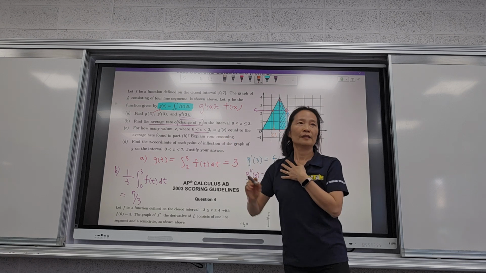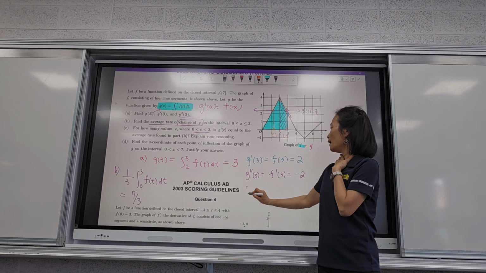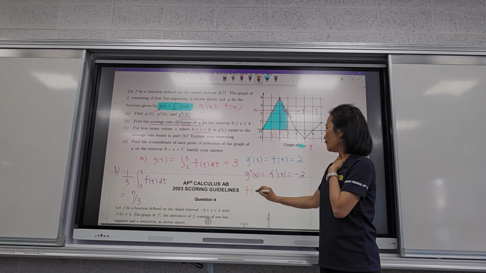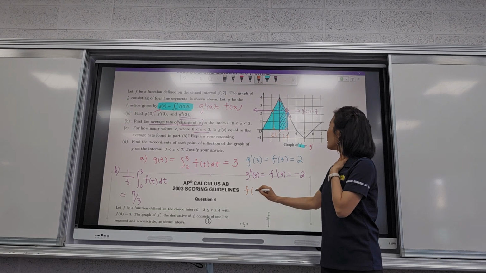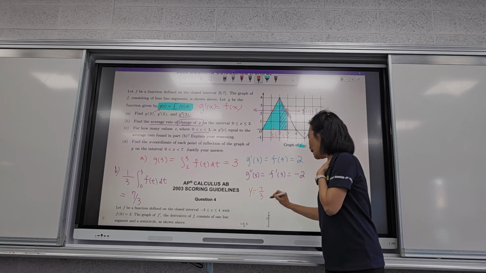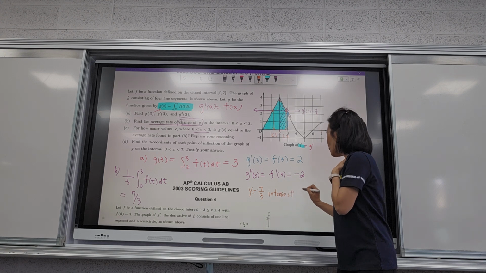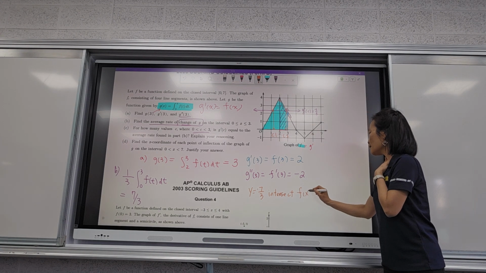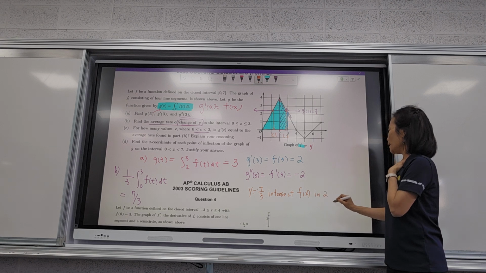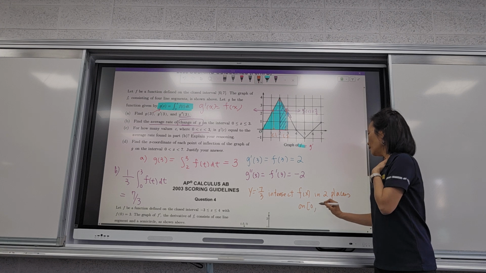So explain. Because I'm going to drag f of x, I draw y equals 7 over 3, which intercepts f of x in 2 places on this interval.